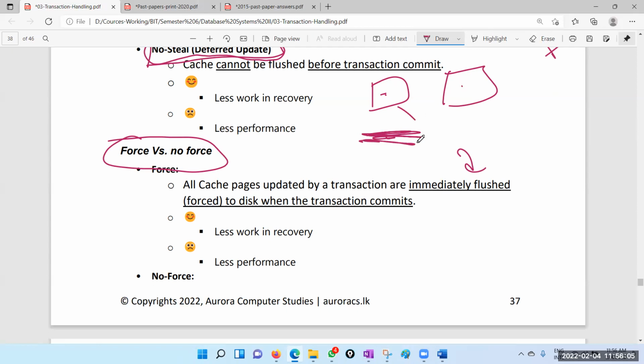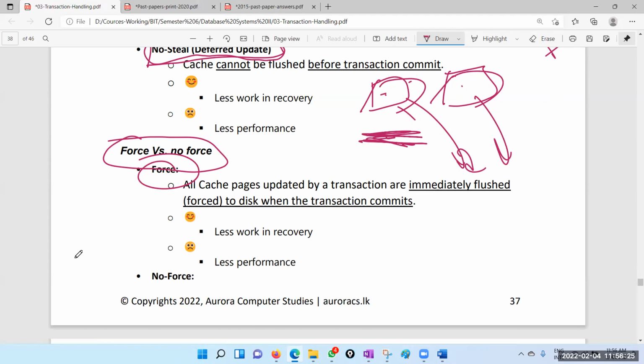That is what is meant by force. Therefore, when a transaction commits, it is guaranteed that the data is now pushed to the data files.